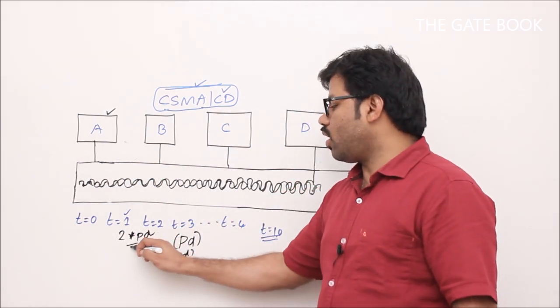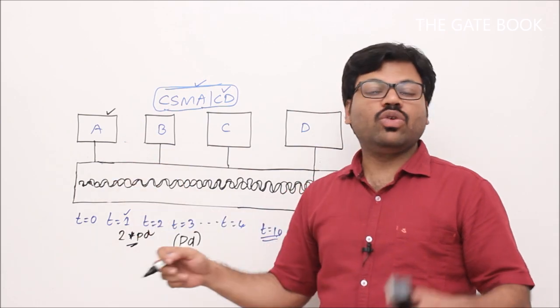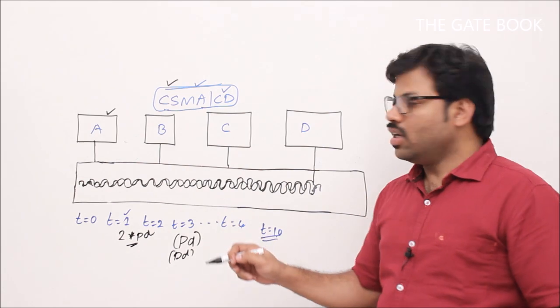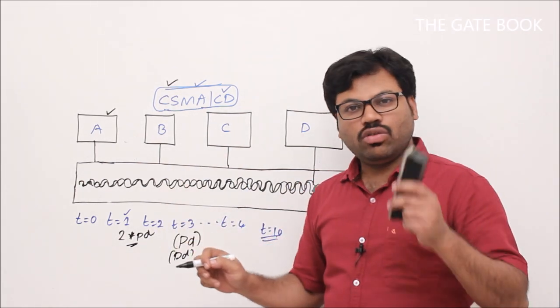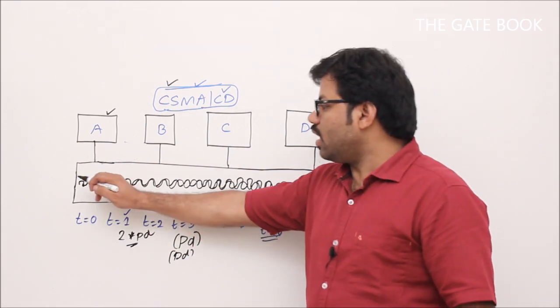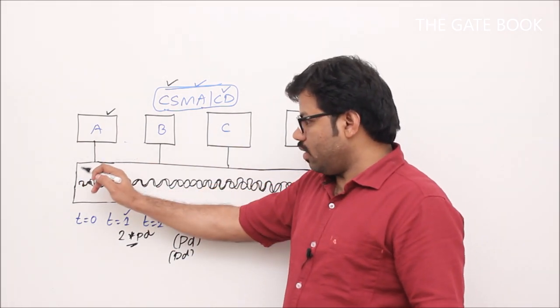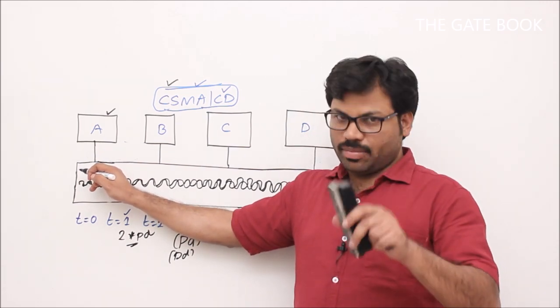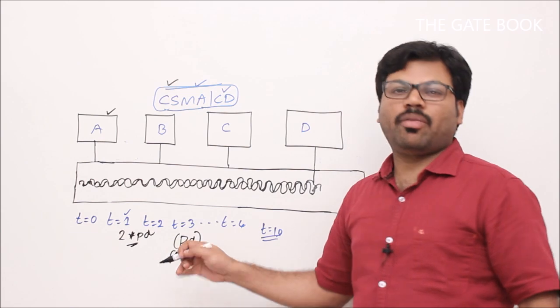If by that time you are not sensing your cable, then you can't detect. So that's why in the CSMA/CD procedure, any system is going to send a message which should be long enough, so that the transmission time of that message should be at least 2 into propagation delay.